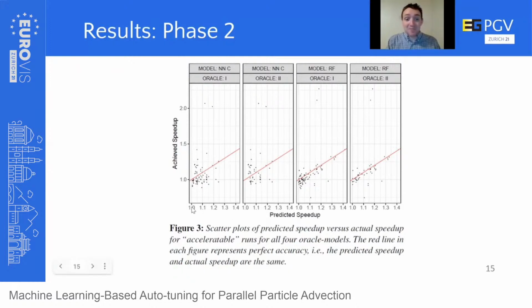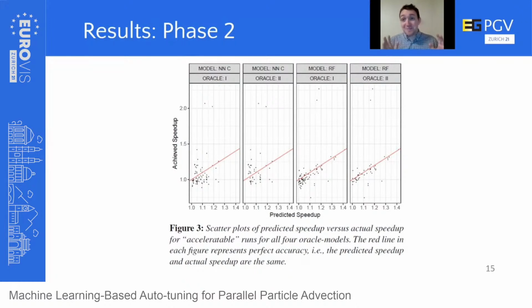If the answer was yes, if we were expecting to get speed up, we said, okay, that's great. Let's go and run it on Summit and see what we actually got. Ideally, we want all of our data to align along this red line. This red line indicates that our prediction is equal to our actually achieved speed up.